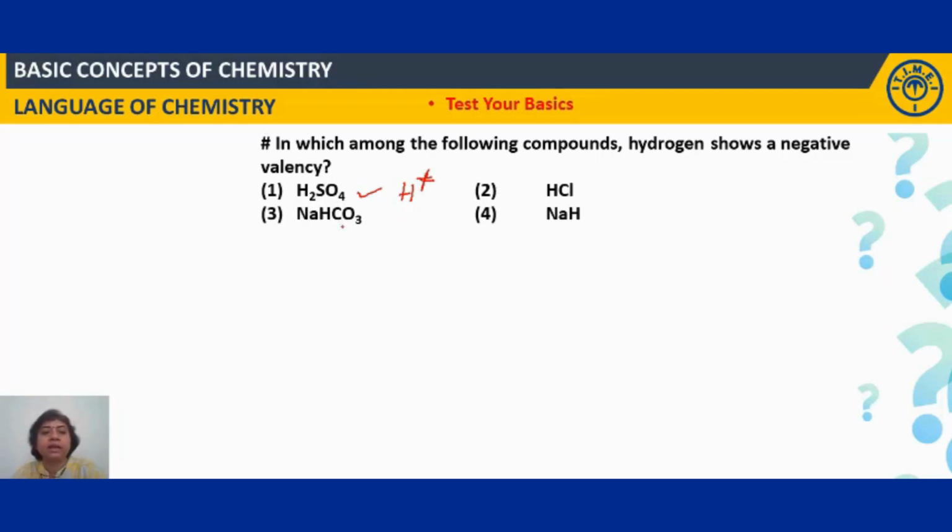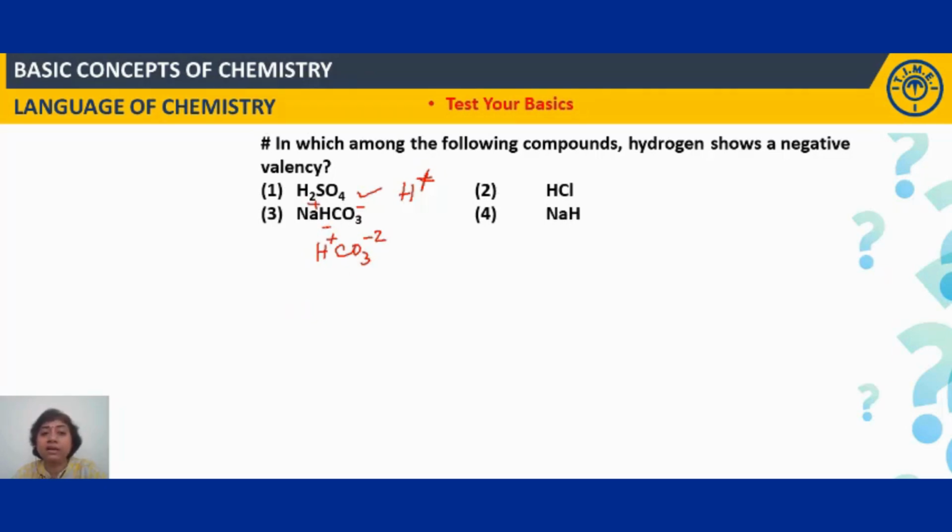Fine. Now sodium bicarbonate. Here, sodium is plus, bicarbonate is -1. Then what is the valency of hydrogen? Bicarbonate as a whole is -1. Carbonate is -2. Hydrogen is coming and joining with a plus charge, so the resultant valency is becoming -1.